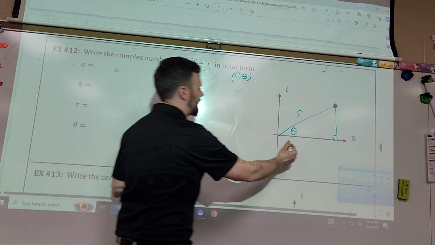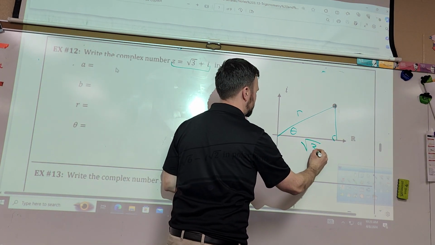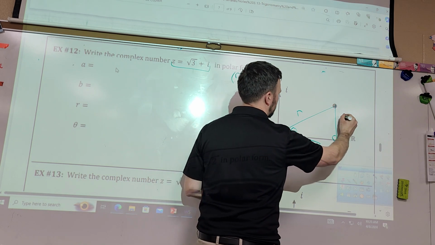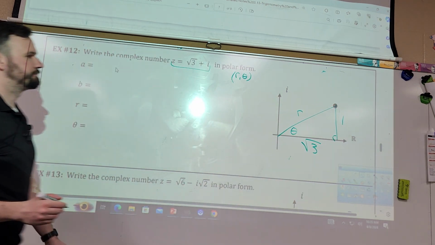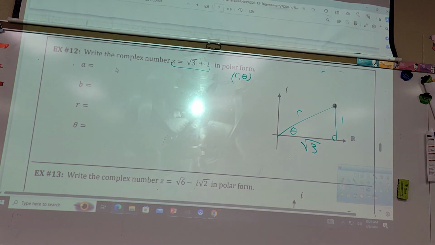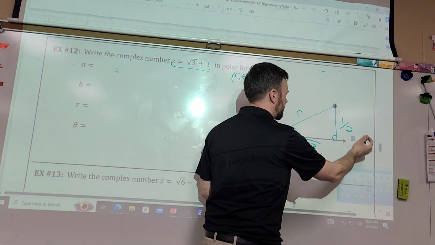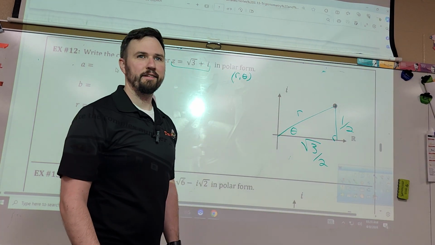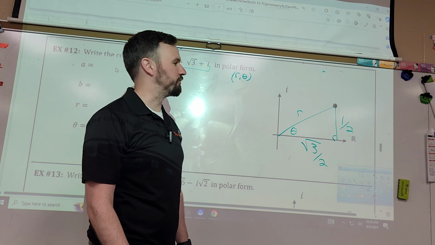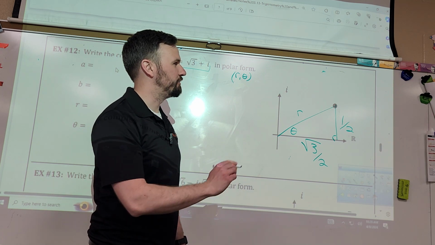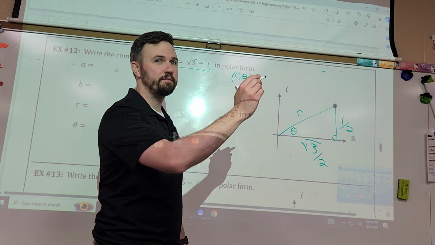How far to the right did I go? Square root 3. How far up did I go? 1. Is this on the unit circle? Yeah. Because if both these are over 2, what angle is that? That gives us root 3 over 2 to the right and a half up.